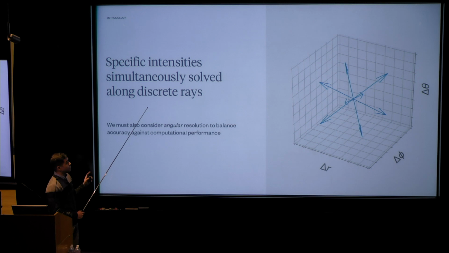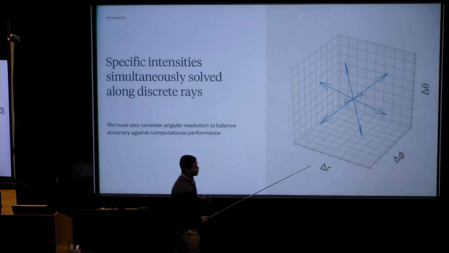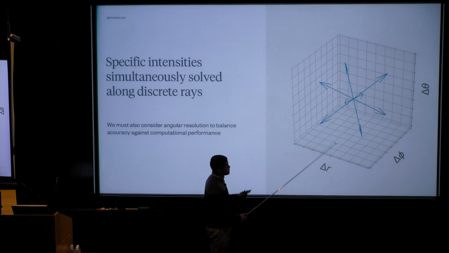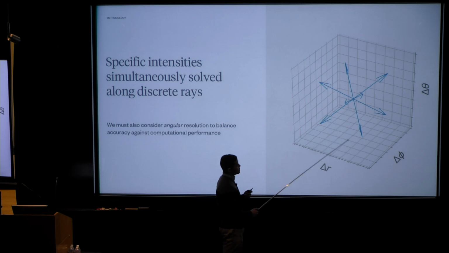Now, one important aspect of the code is that in solving the radiation transport equation, it solves the specific intensity simultaneously along discrete rays. So, for example, if we look at the volume center of a spherical polar grid cell in the simulation, the minimum number of angles in this case is 8, where in preserving symmetry, the angles point roughly to the vertices of this cell.